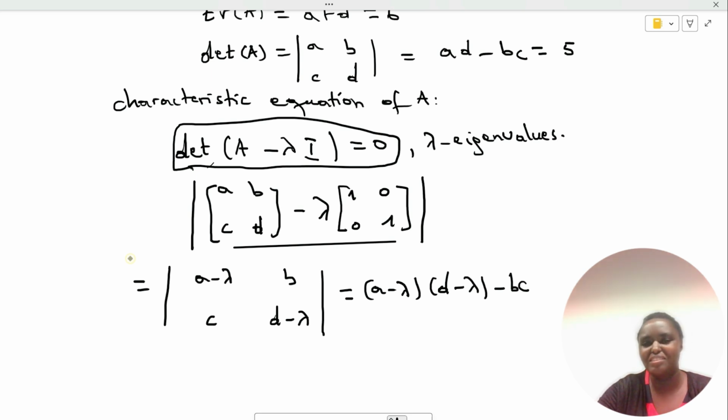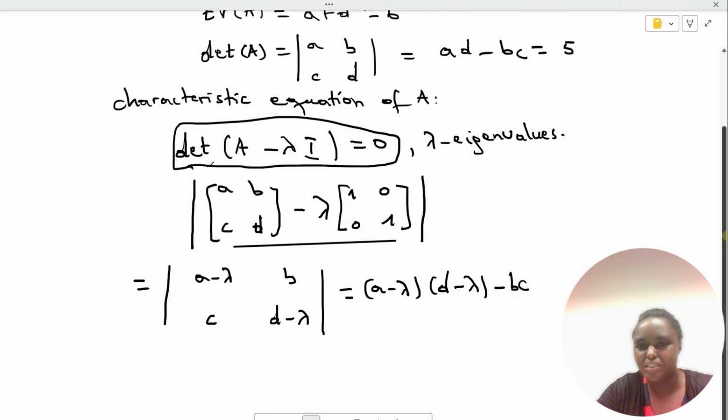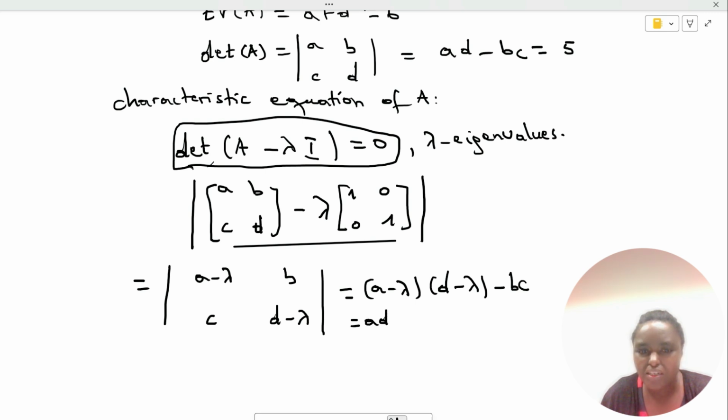And if we expand this product, we will get AD minus A lambda minus D lambda minus BC.